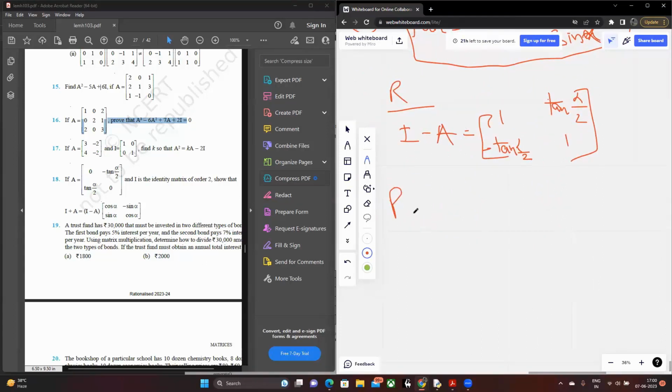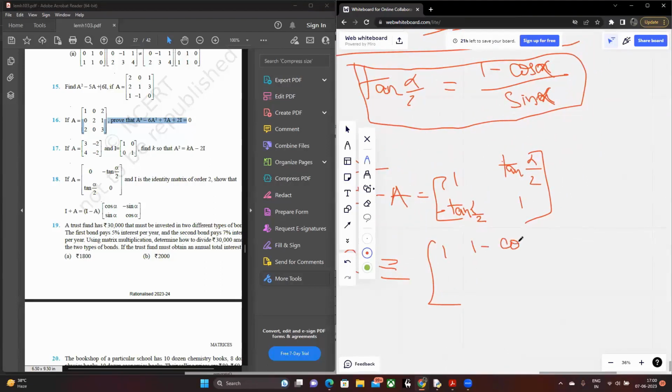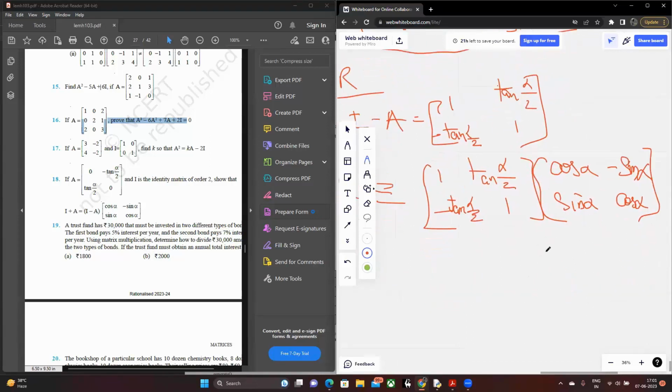So we have RHS being equal to your 1. I'll just substitute for tan alpha by 2. This is 1 minus cos alpha by, wait, instead of doing this, I'll do it at the last. Right, 1, tan alpha by 2, minus tan alpha by 2, 1, times this, cos minus sine and cos, right?